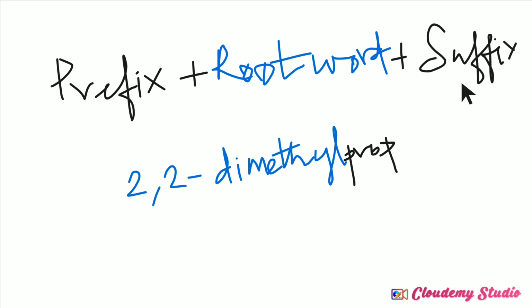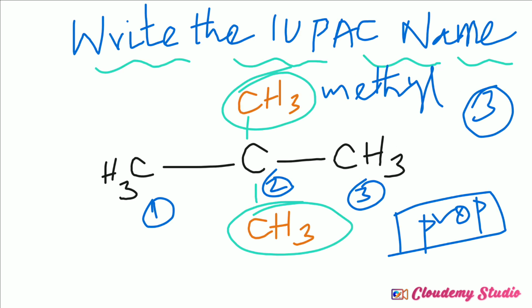This end term denotes the type of bond between the carbon atoms. That is, between the carbon atoms, which bond is present. This is a single covalent bond, or single bond. So between carbon and carbon, a single bond is there.